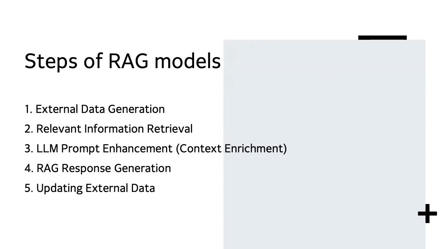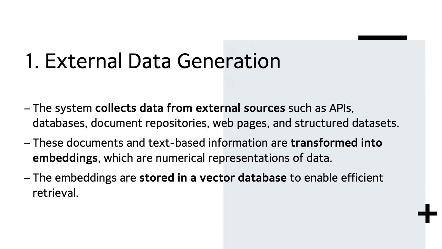So as I briefly explained before, I'm going to explain now the steps of how RAG models work. The first one is external data generation. The system collects data from external sources like APIs, databases, document repositories, web pages, and structured datasets.